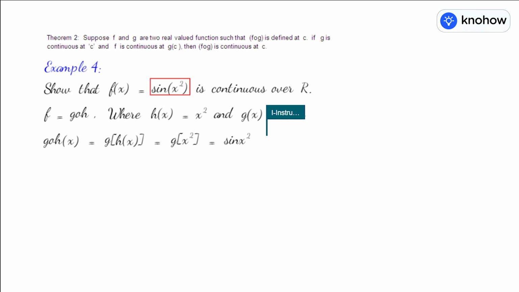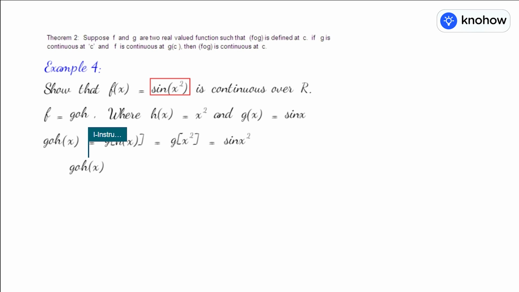Now here please note, what is h(x)? x square, a polynomial function. And what is g(x)? Sine x. You know, and just now you have noted that x square being a polynomial function is a continuous function over R, and sine x is a continuous function over R. So will be the composite function goh continuous.